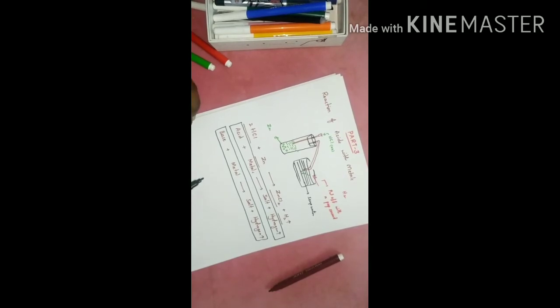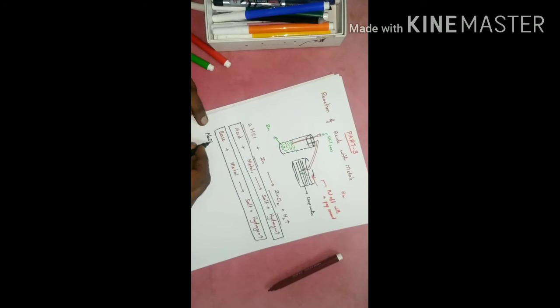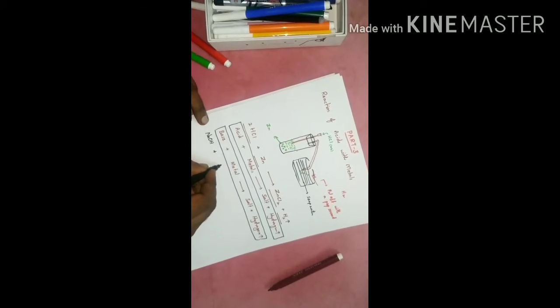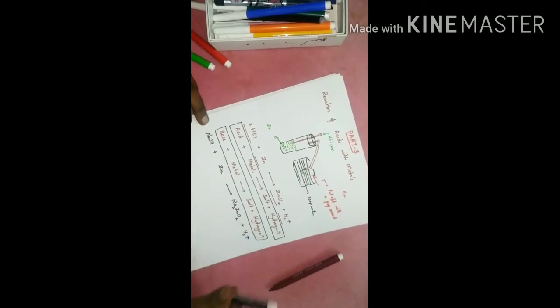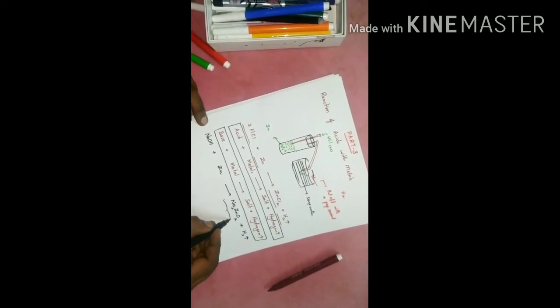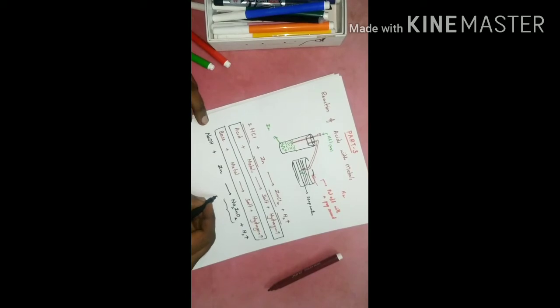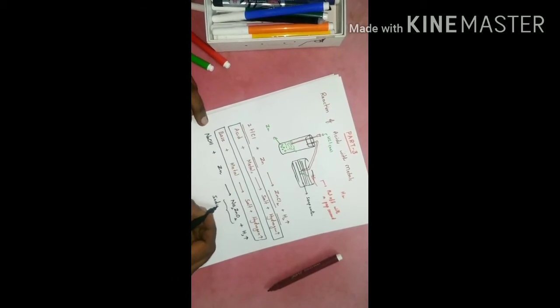A very common example: sodium hydroxide, a base, is treated with the metal zinc, and we get Na2ZnO2 plus hydrogen gas. This Na2ZnO2 is named sodium zincate.